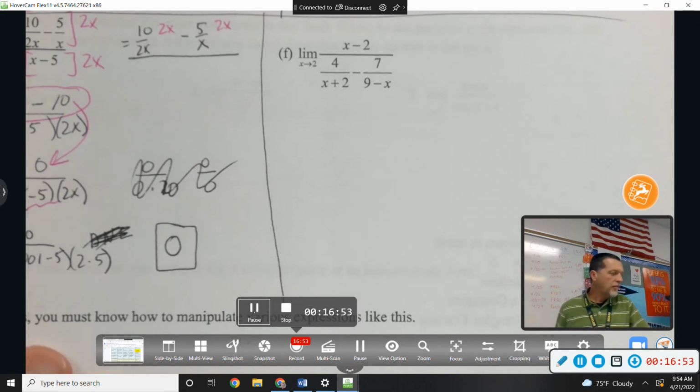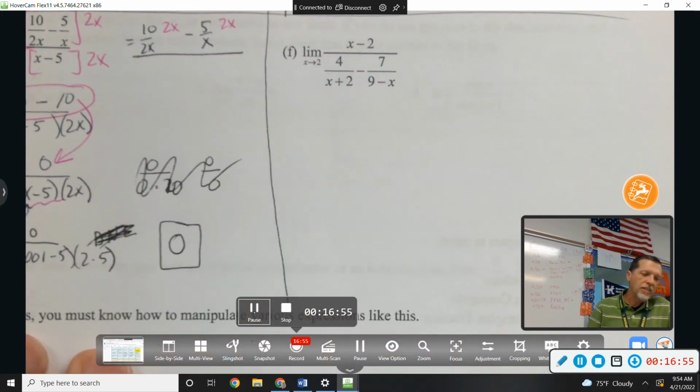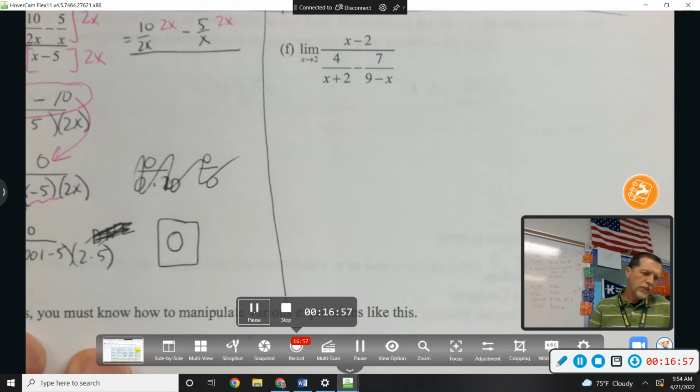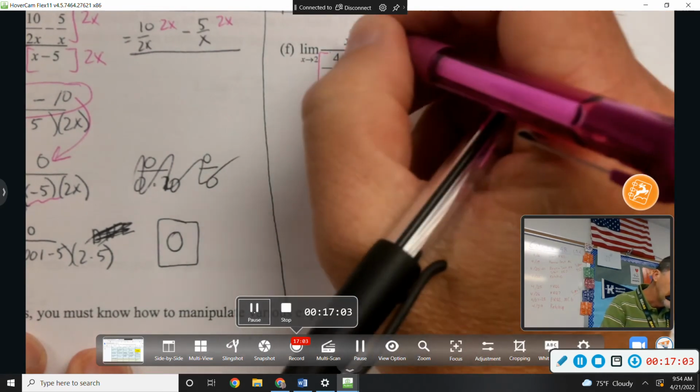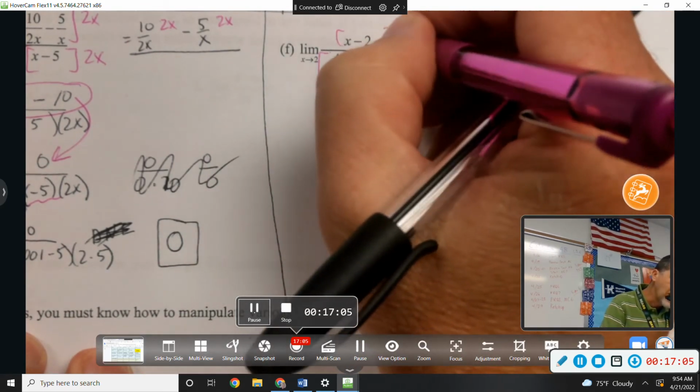F. F does not work out with the 0 business. F's a little bit easier. F looks backwards than the others. But what do you think we should multiply by? x plus 2 and 9 minus x.